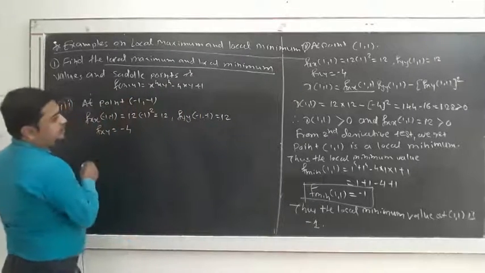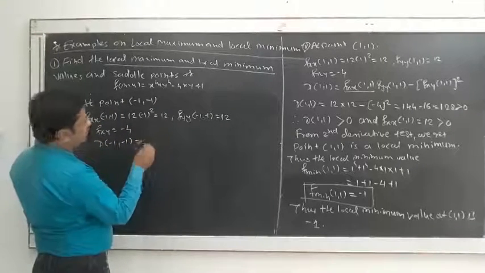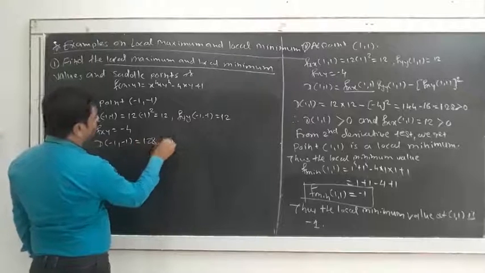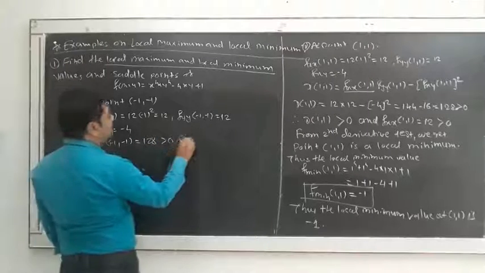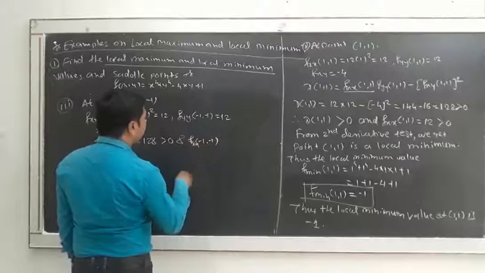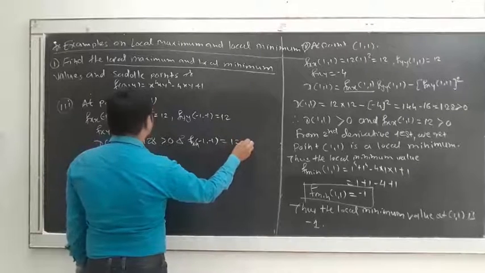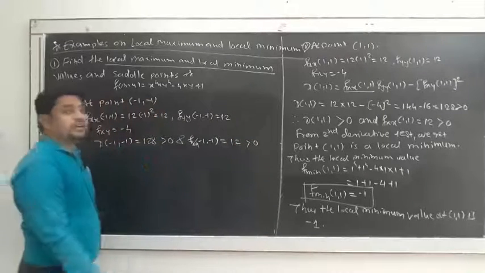Therefore we can write D(-1, -1) is again the same value, 128, which is greater than 0, and fxx is again 12, which is greater than 0.